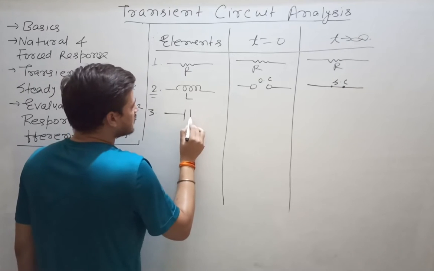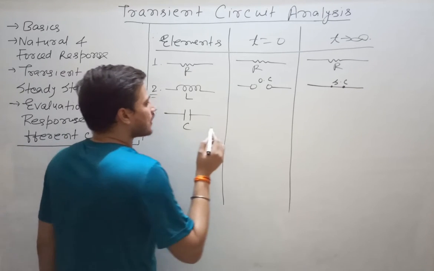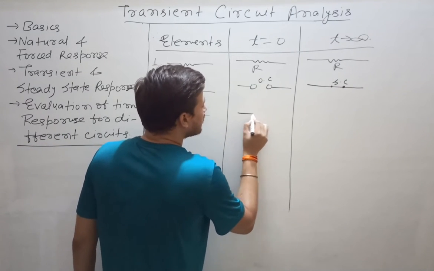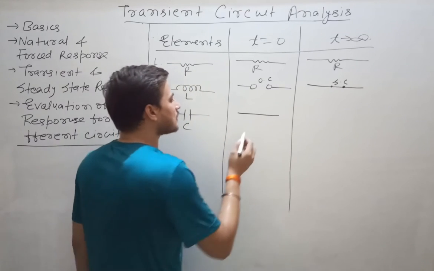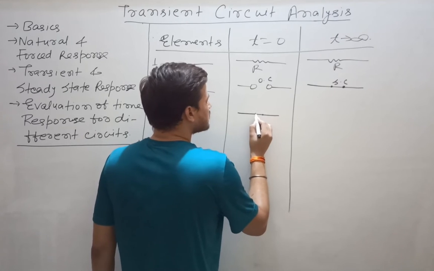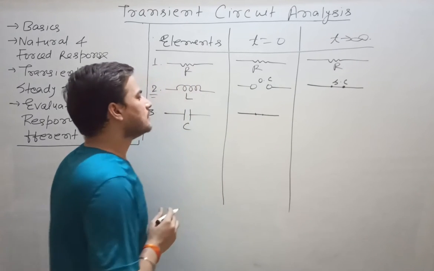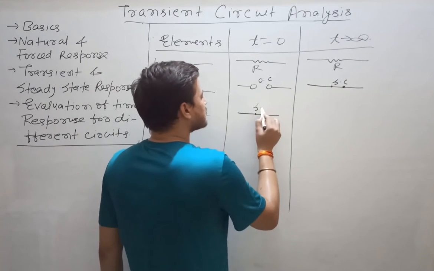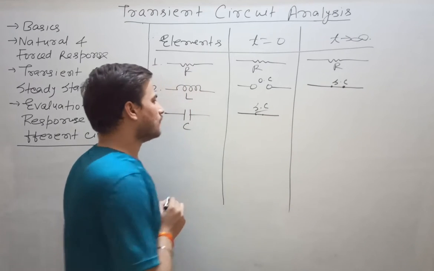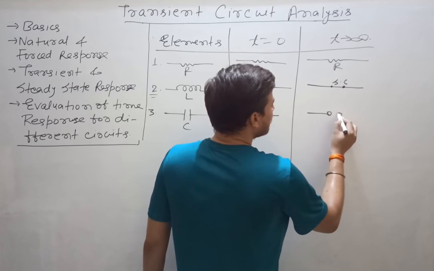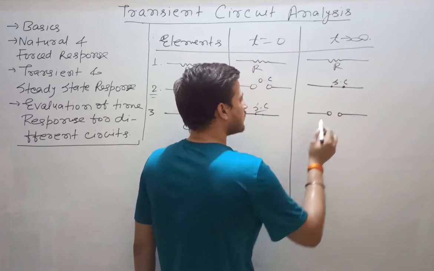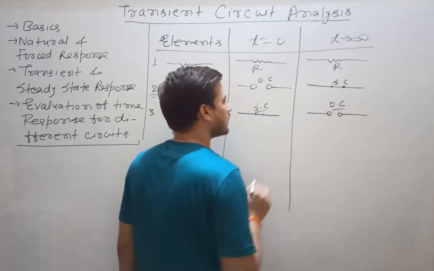Third one is capacitor C. When the switch is on at t equal to 0, the capacitor is acting like a short circuit because the capacitor does not allow sudden change in voltage, and when time t tends to infinity, the capacitor plates are fully charged and it acts like an open circuit.